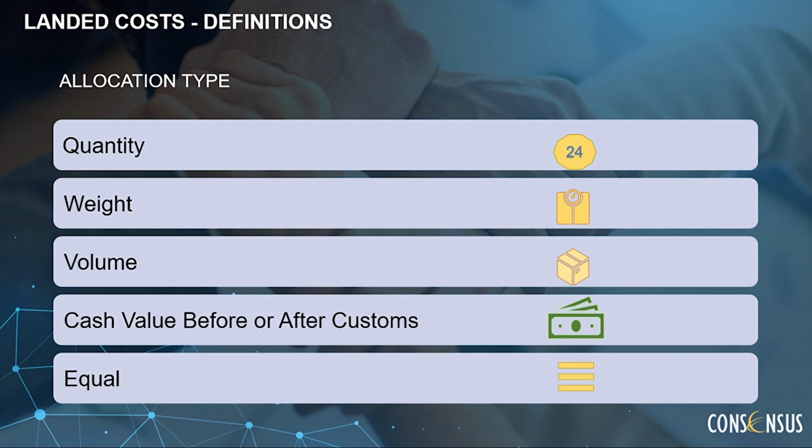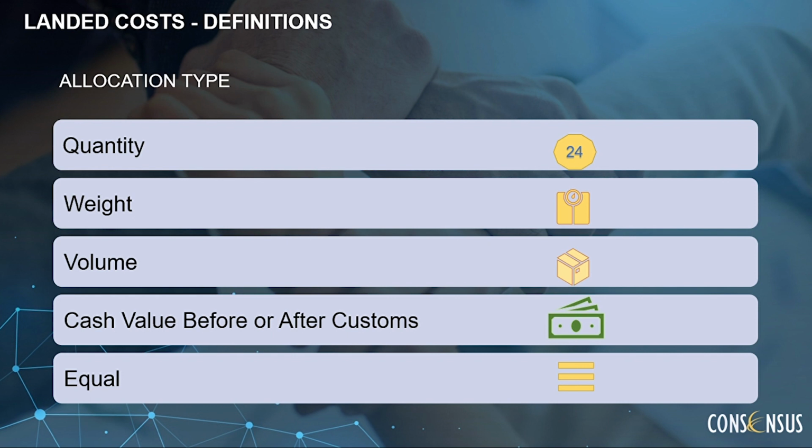So how do you make a decision? Again, talk to the financial officer, talk to your CPA. You need to know what is the best way to do it. But just to give you an idea, there's a huge difference if I'm buying cell phones. The weight and the volume are low, right? But the cash value is high.